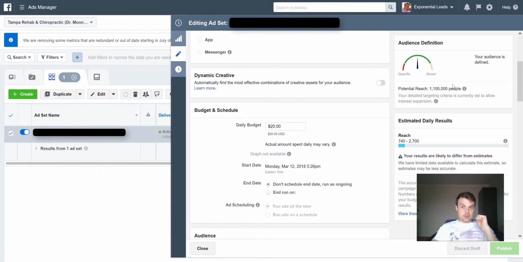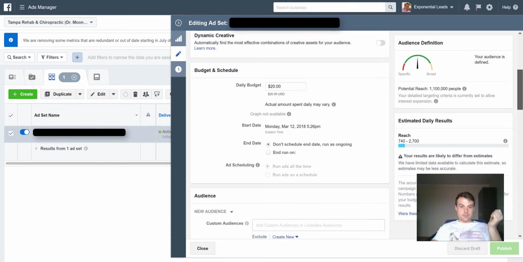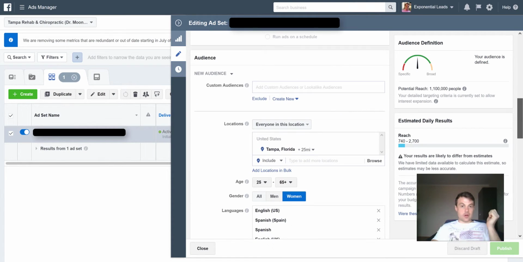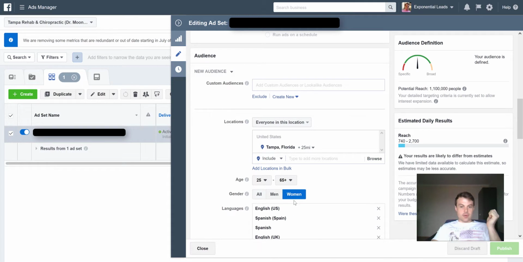Now, something else you can do if you don't want each ad set going after a different target audience is you can increase the potential reach by not necessarily changing the interest, but by changing the other demographics or targeting options. So right now it's only going after women.